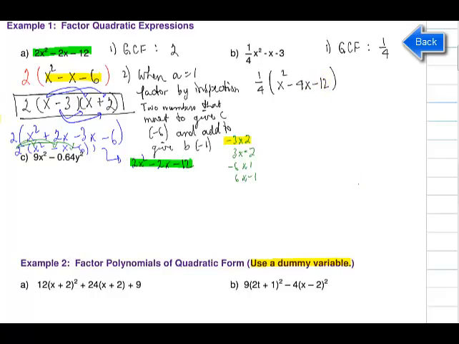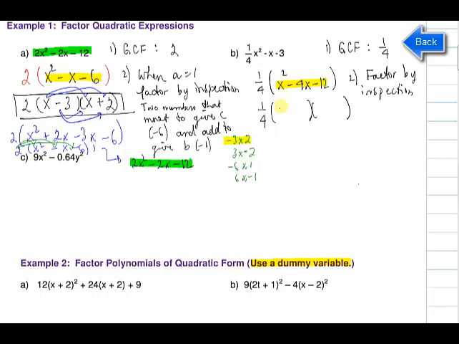And notice inside the bracket you have a trinomial where your coefficient on x is a 1, so you are going to factor by inspection. Okay, so write your GCF on the outside of the bracket and write 2 sets of brackets.